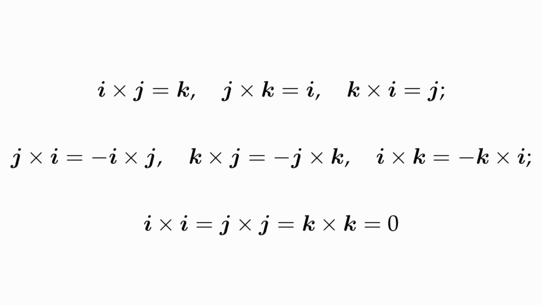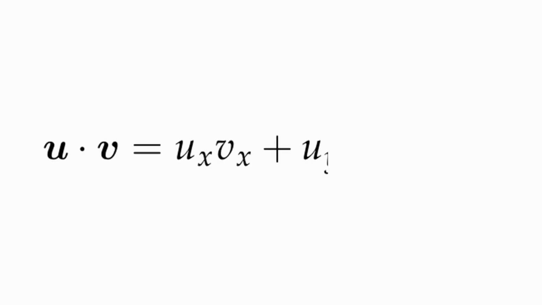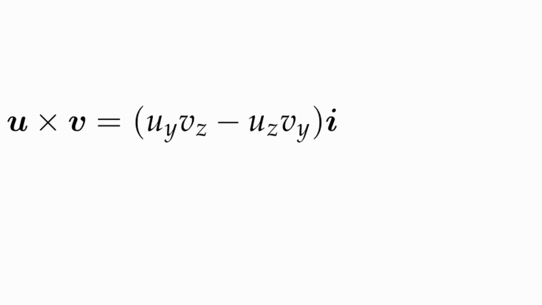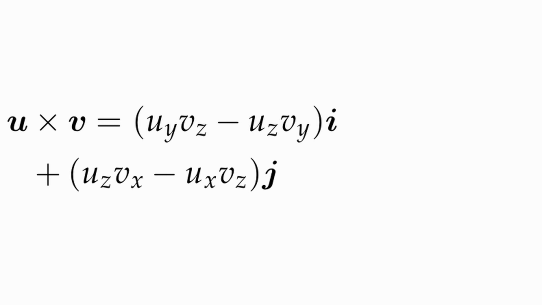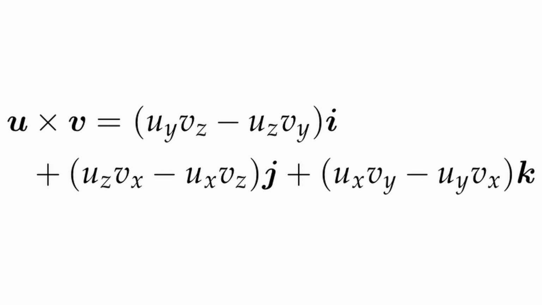Remember all the relationships satisfied by the vector cross products of the three unit vectors. The scalar dot product and the vector cross product in the Wilson and Gibbs notation are: u dot v is equal to ux vx plus uy vy plus uz vz, and u cross v is equal to (uy vz minus uz vy) times i plus (uz vx minus ux vz) times j plus (ux vy minus uy vx) times k.